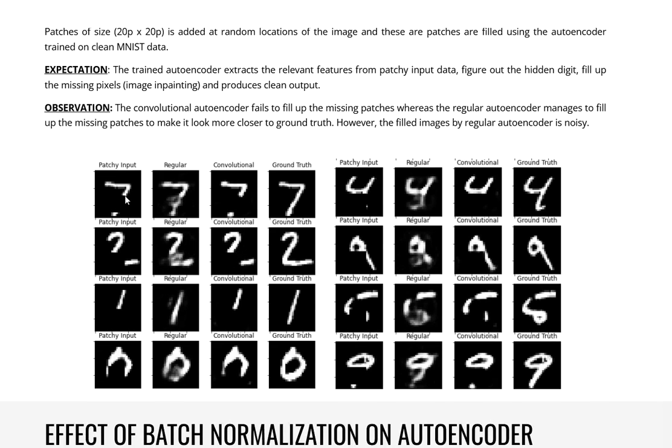As you can see here in the first image, the 7 was expected to give a full complete 7 as a reconstructed output. The convolutional autoencoder actually fails to perform that sort of a reconstruction, whereas the regular autoencoder, although it is a kind of noisy reconstruction, nevertheless predicts a shape that looks closer to the ground truth.